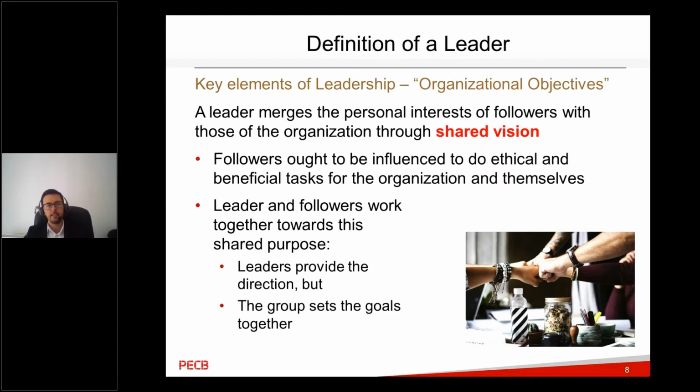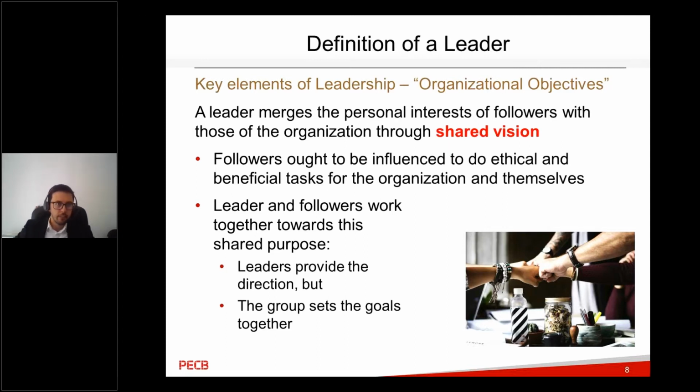So in this sense, a leader tries to merge the personal interests of the followers. When we talk about the organizational landscape, we obviously talk about the personal interests of employees, and we do that by understanding what motivates them, and we try to tackle those specific concepts and merge these personal interests of followers with those of the organization itself, using this shared vision.